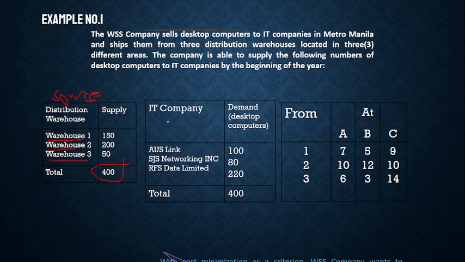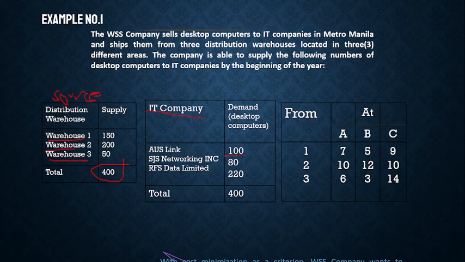And the IT companies, so yung mga name ng company na nag-need, okay. So ito, the demand of the desktop computers in the AUS link, so name of the company yan ha, is 100.